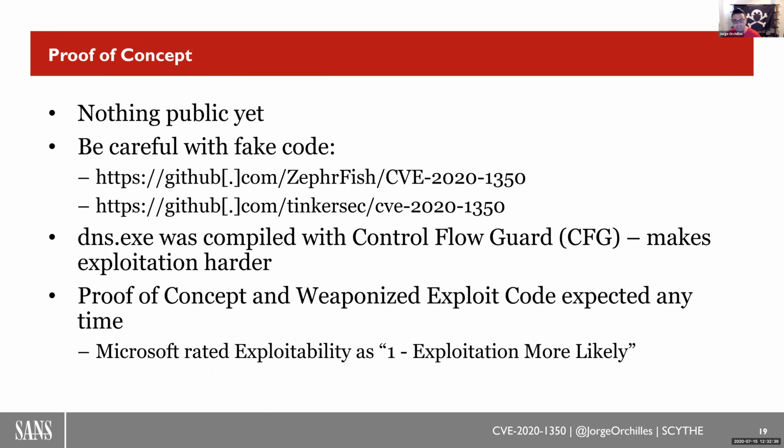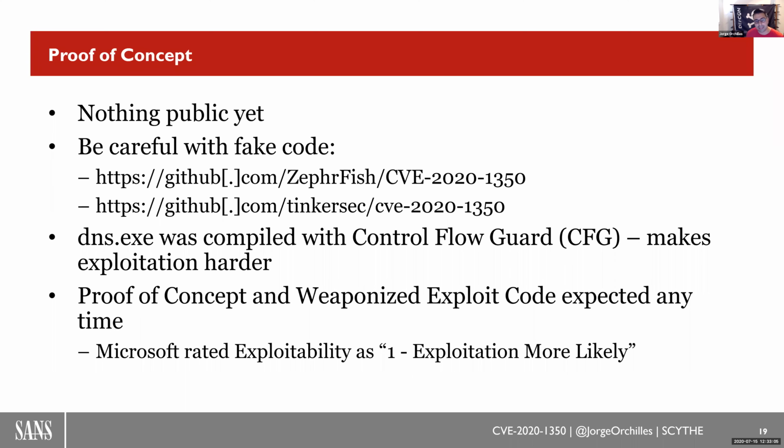Now, Steve talked a little bit about Control Flow Guard, and that is one of the things that makes the exploitation of this harder. As you saw, the vulnerability is pretty standard. It's a basic buffer overflow that we've been talking about since the 90s, right? You take this larger piece of data and you copy it over into a buffer that's smaller, you overflow the buffer.